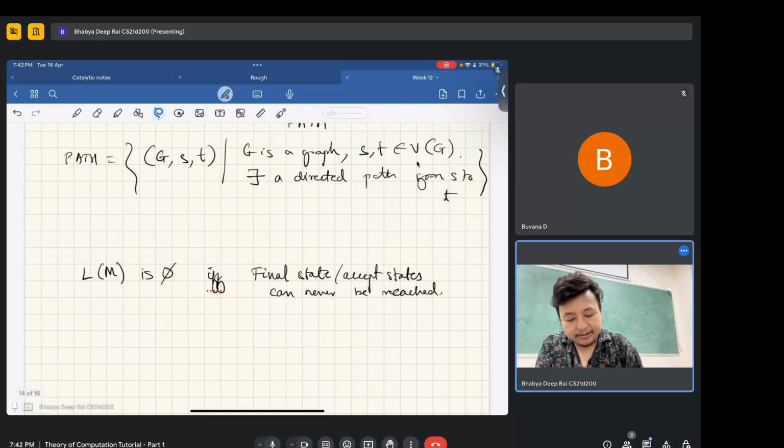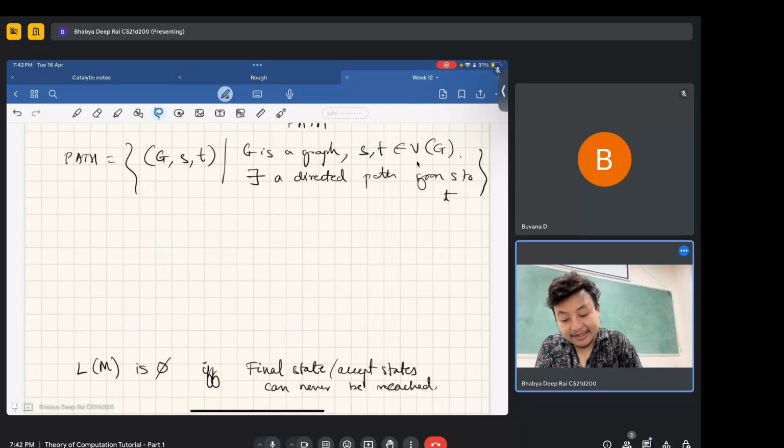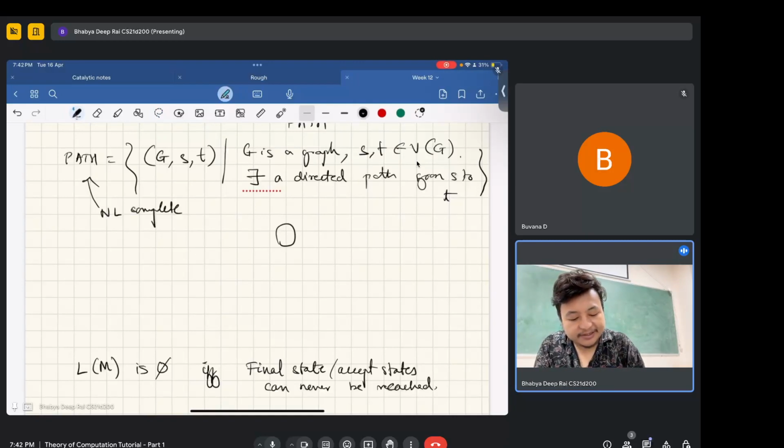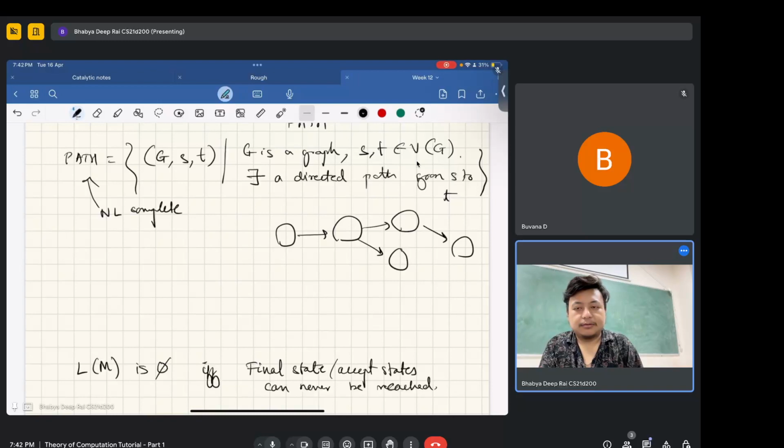This is NL complete, canonically complete. For example, in this graph, this is S, this is T, and there exists a path. I can go through this path. So the answer is yes.